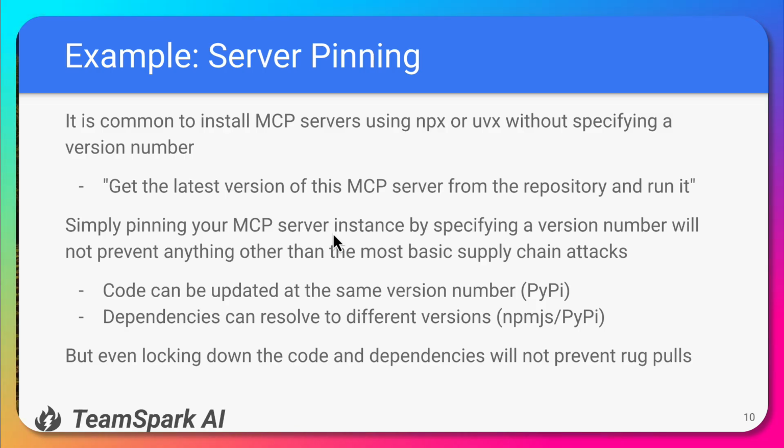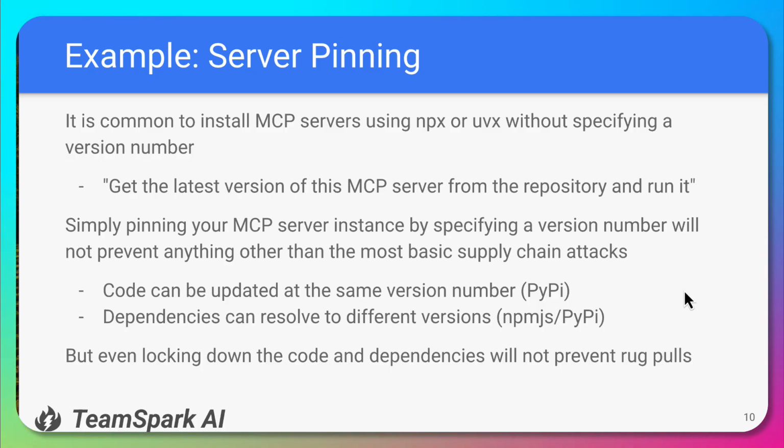Maybe some time will pass, maybe you'll have some mechanism for determining when it's safe to upgrade to 1.2, and then you'll upgrade later. So there's a very basic form of supply chain attack that server pinning in this way will help, but it is not going to help in most of the cases that we are going to talk about and that are actual exploits that can happen in MCP.